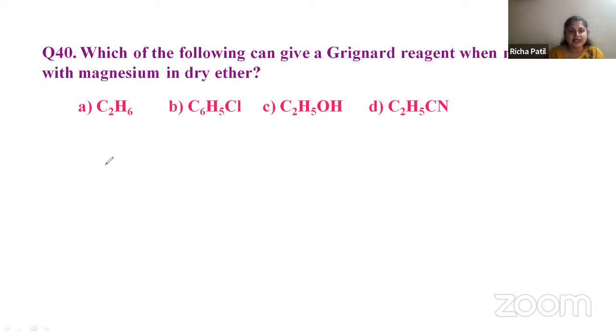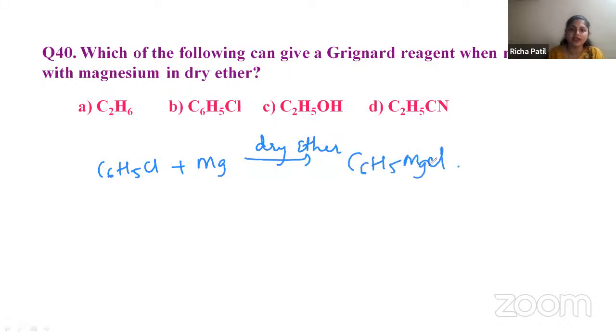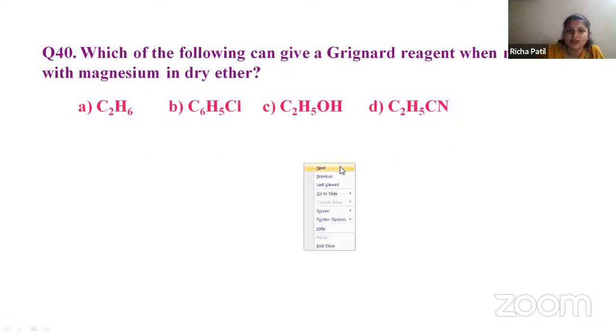C6H5Cl, when treated with Mg in the presence of dry ether, gives C6H5MgCl. So B is the correct answer. Most of you have answered it right. We'll go for the next question.